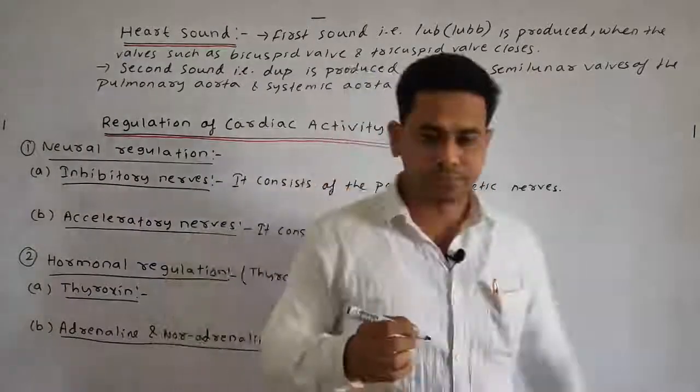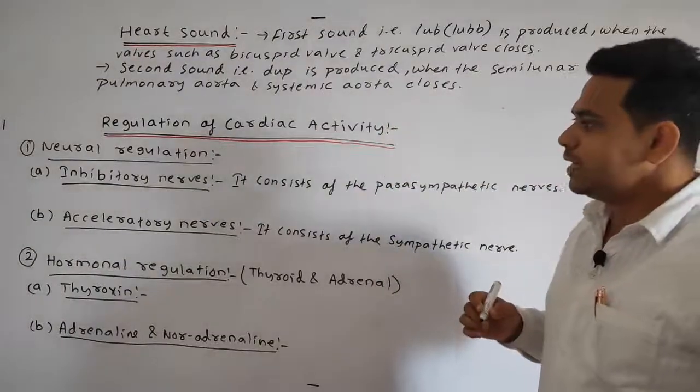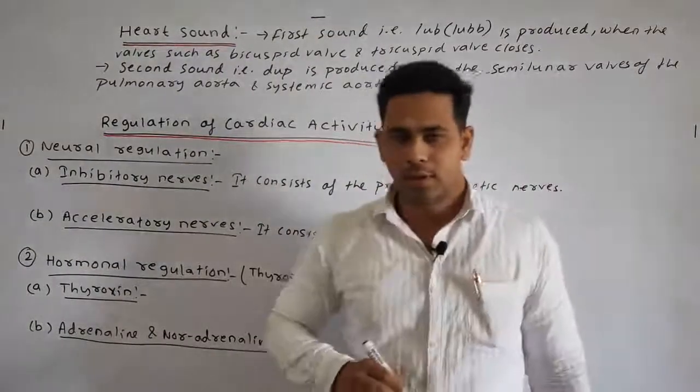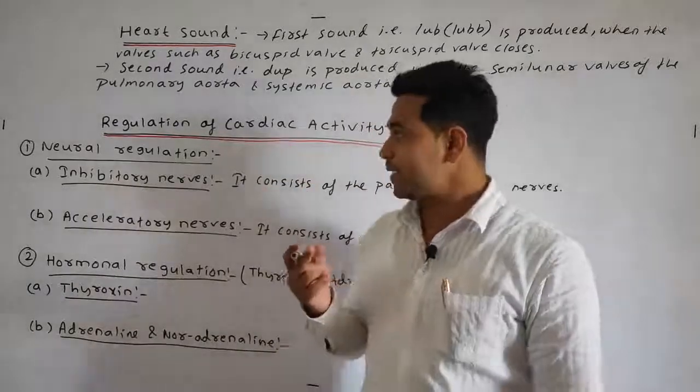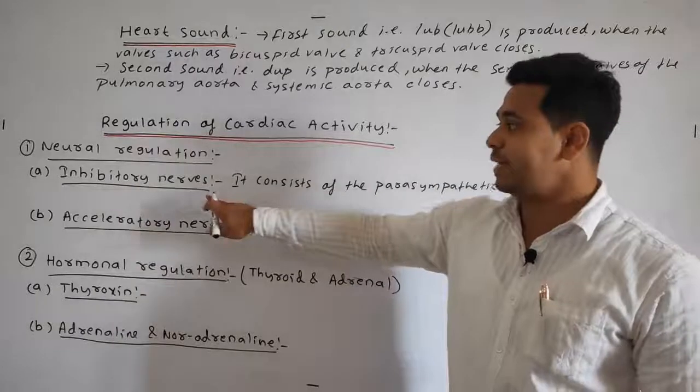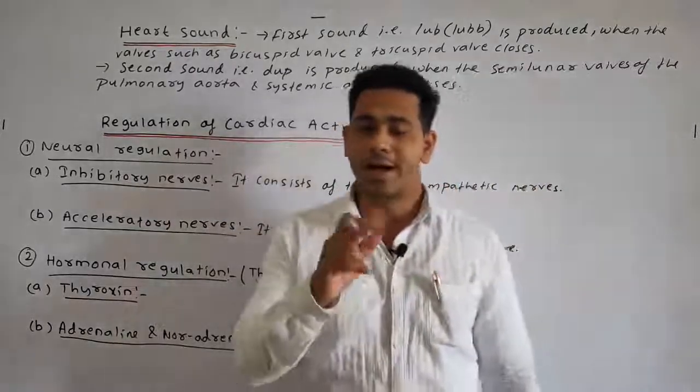So in the case of the inhibitory nerves, what happens? The nerve which is associated with the inhibitory nerves is known as the vagus nerve.